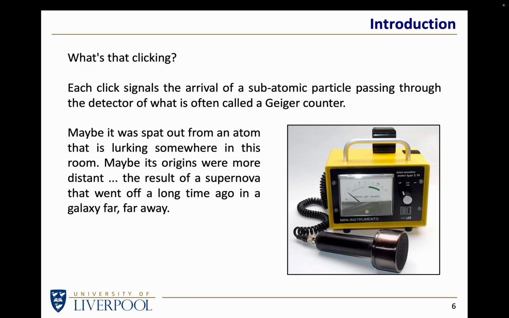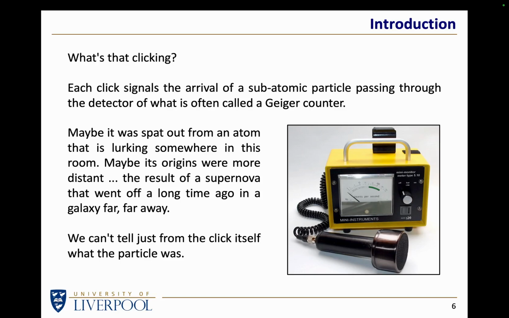It's also possible that the origins of these clicks are particles coming from an origin much, much further away, possibly a galaxy. Long, long ago, in a galaxy far, far away, maybe, some supernova, some black hole produced a very energetic charged particle, and we're now hearing those clicks.